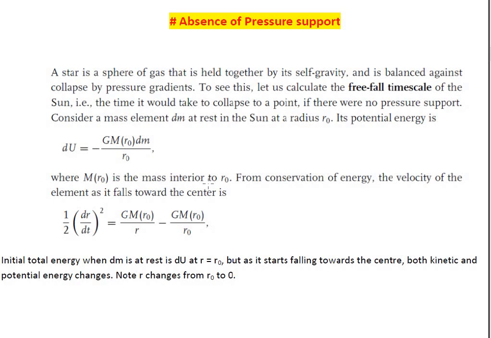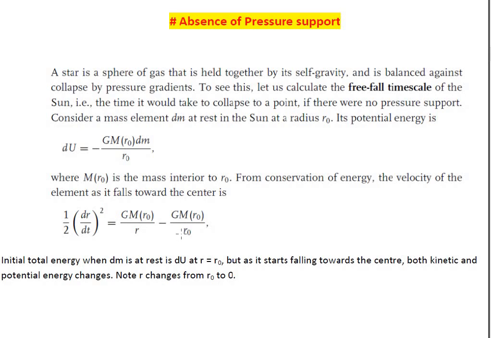Okay, so what we get is the velocity of the element as it falls towards the center as this. Now here this is a reduction. I have cut some parts over here. You can check. What is it? Half mv square. Remember? So m is missing. I have just cut it out and I have just written the entire velocity terms only.